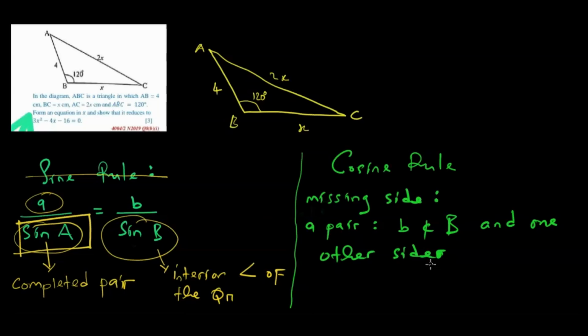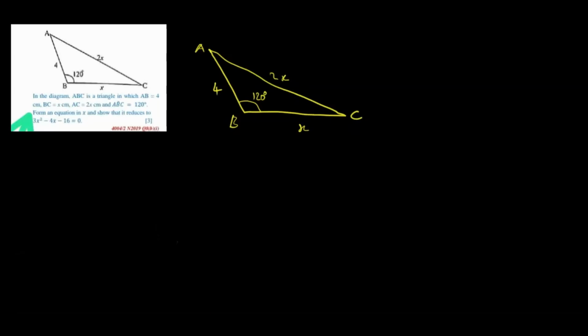So we have determined that we are going to use the cosine rule. We now want to apply the cosine rule. I also want to be sure that you understand why we disqualify the sine rule, and also why we use the cosine rule. I have explained this so that when a question comes that works with the sine rule but not the cosine rule, you should be able to navigate through those questions.